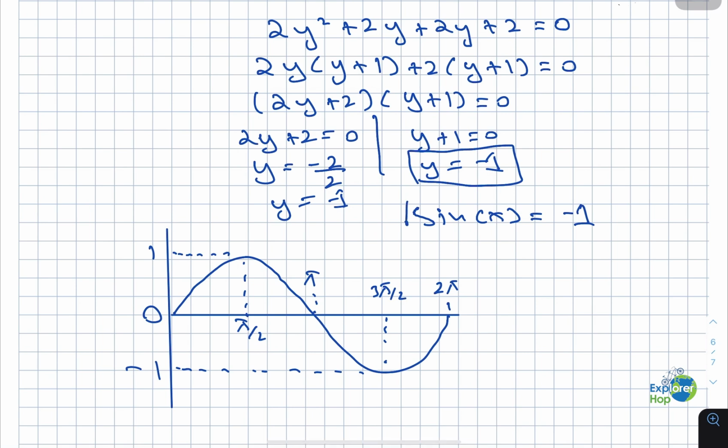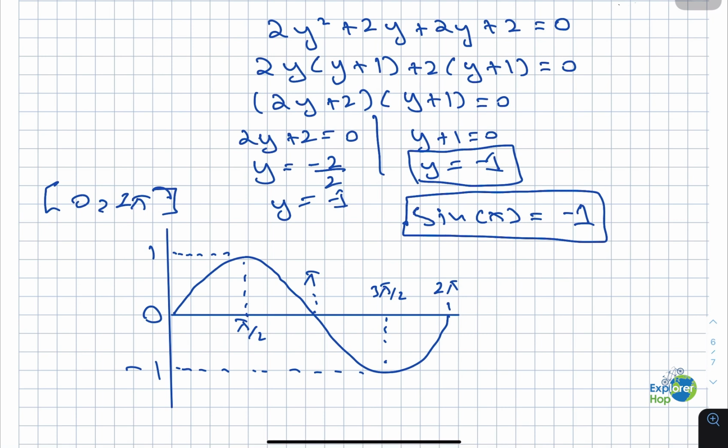So where is sine x equals minus 1, if we're looking at just the interval from 0 to 2 pi? So sine of x is minus 1 at 3 pi by 2.